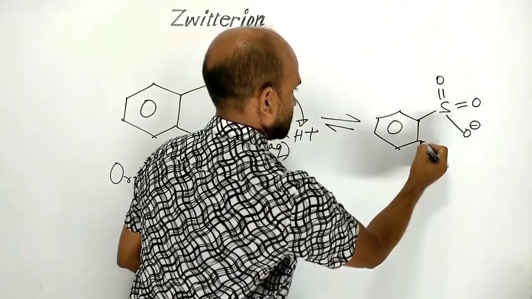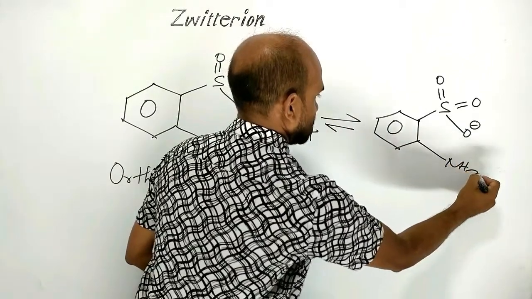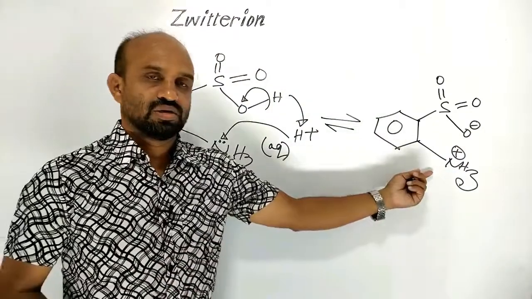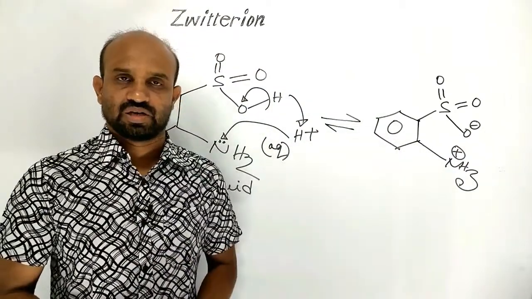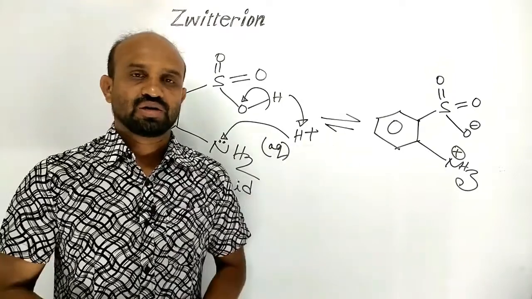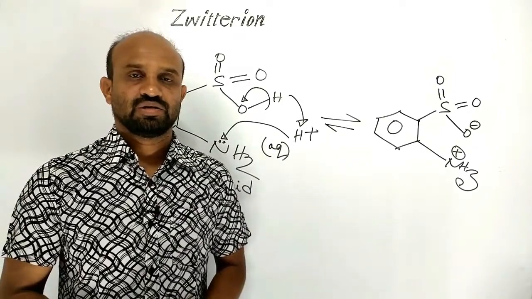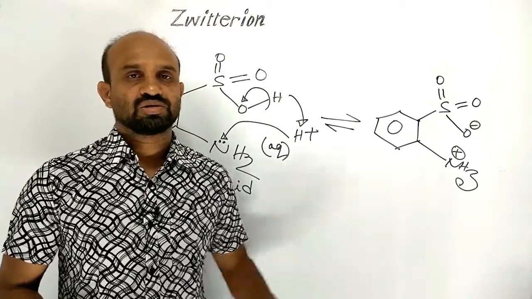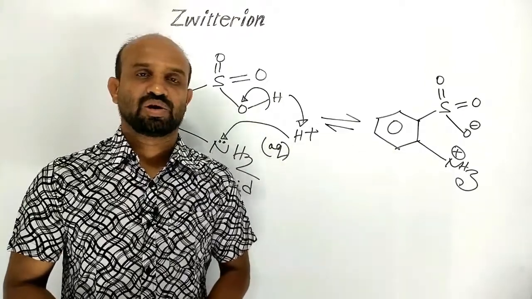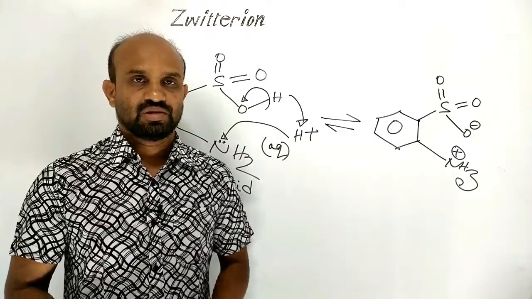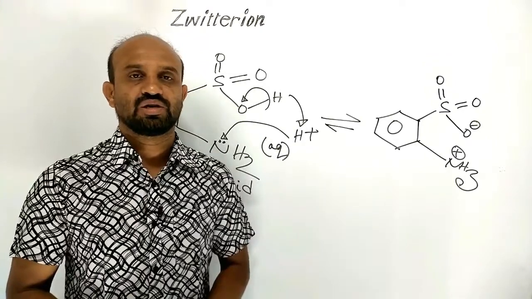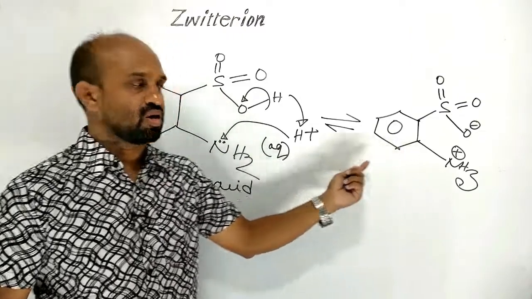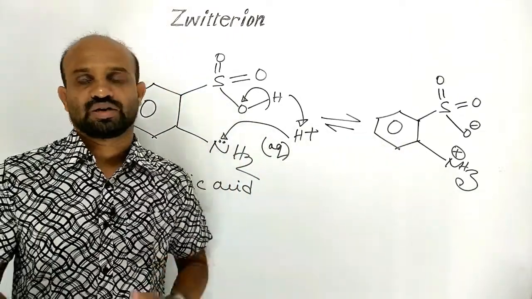This is oxygen. Here NH3 positive charge. Equal number of positive and negative charges. A Zwitterion is simultaneously electrically charged and electrically neutral. Neutral because it contains an equal number of positive and negative charges. That is why this is electrically neutral. So here this is the Zwitterion of orthanilic acid.